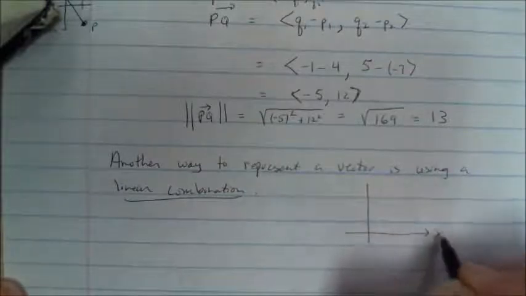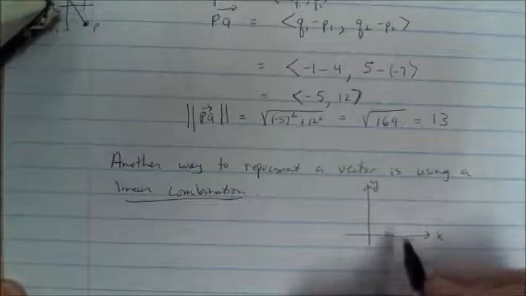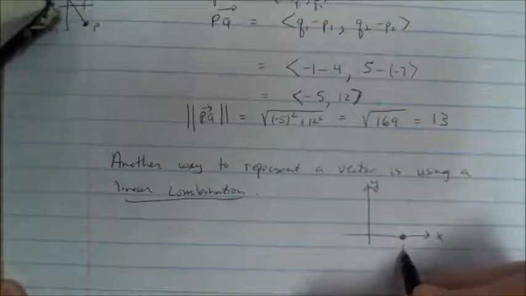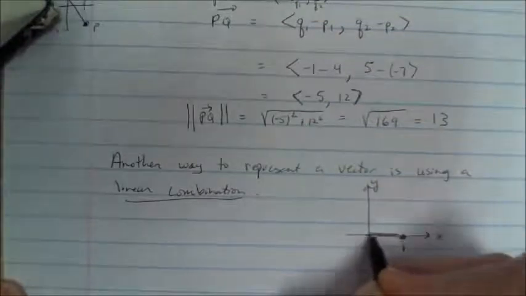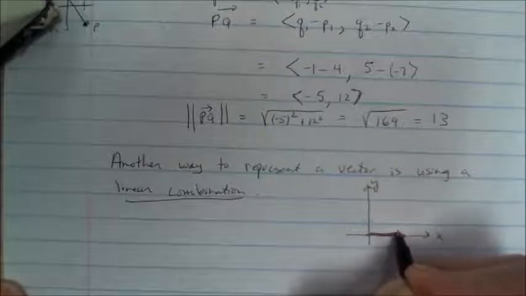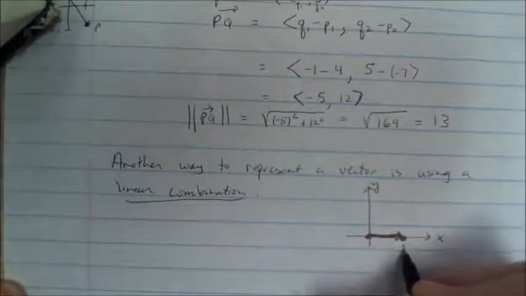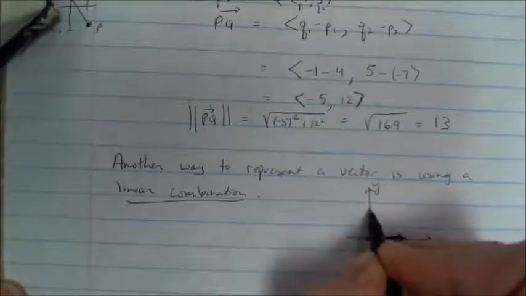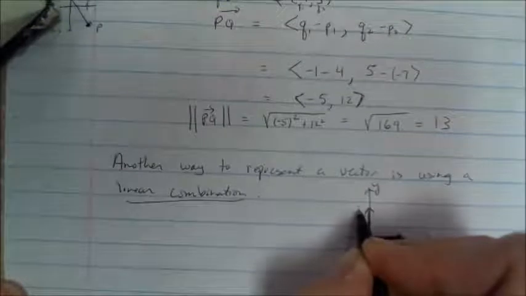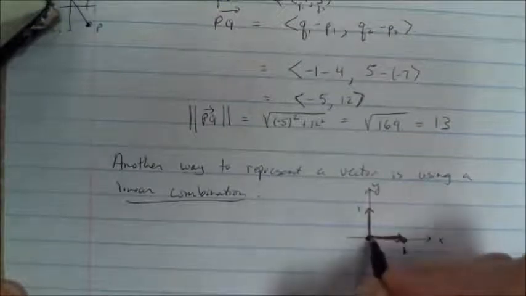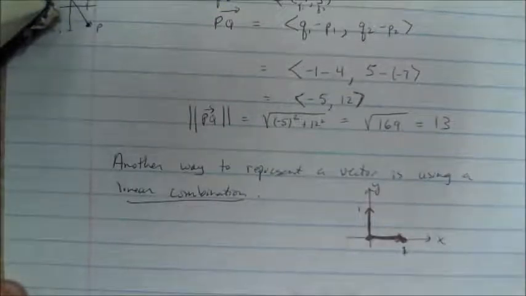So here's the x-axis and here's the y-axis. And let's say this point is 1, 0. So this is one unit vector here, if this is the number 1. And then here's another unit vector here. And this is 1. So this is over 1 and this is up 1.